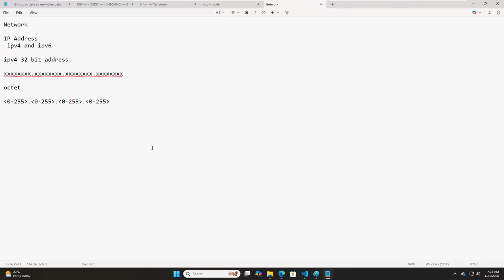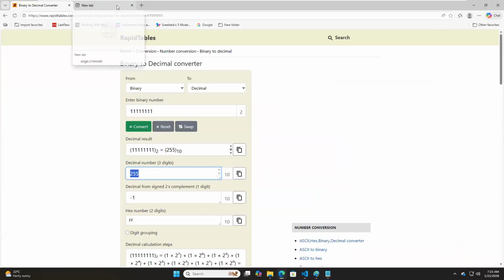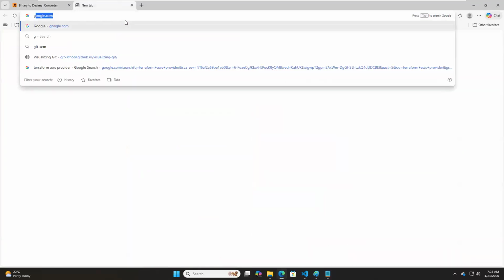Right. Now, there is an organization that provides the IP addresses to the entire world, and that organization is called IANA, the Internet Assigned Numbers Authority. They distribute the IP addresses across the world. For India we are getting the internet, and without an IP address we cannot get the internet.